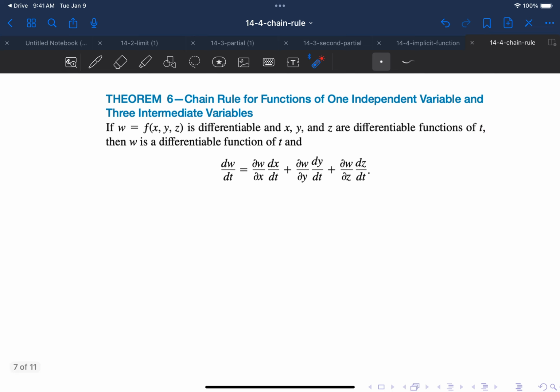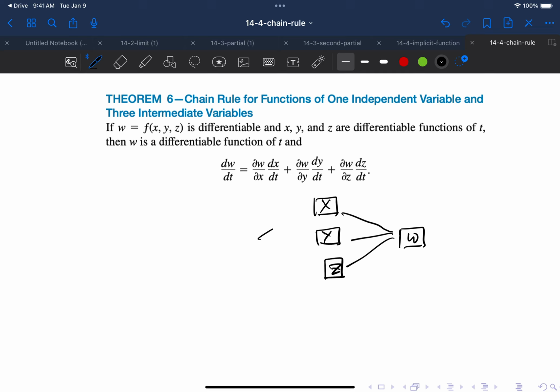Then what is the derivative of w with respect to t? So when t changes, how does w change? That's what it means. There is a formula which comes from this diagram. Now we have w, which is fed by three variables x, y, z.